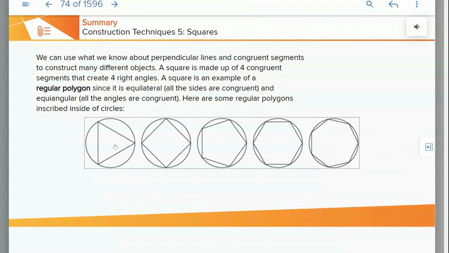So as you can see, inscribing a polygon inside a circle ensures that all your sides are equilateral. As long as the vertices of whatever your polygon is are on the edge of the actual circle, all the sides could be equilateral, if you construct it correctly.